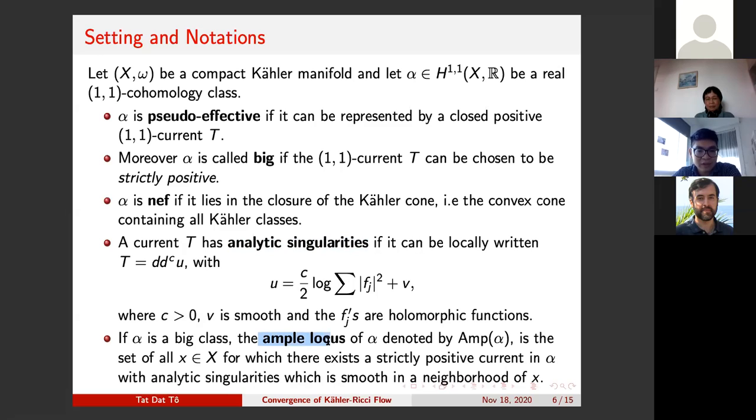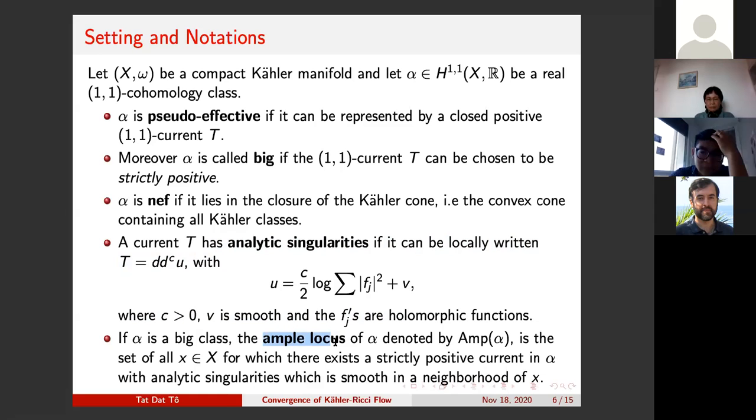And the last definition for the cohomology class alpha is the ample locus of alpha. I just mentioned the term ample locus in the last slide, so here is the definition. The ample locus of alpha is the set of points x in the manifold such that we can find a strictly positive current with analytic singularities, such that this current is smooth in a neighborhood of this point x.